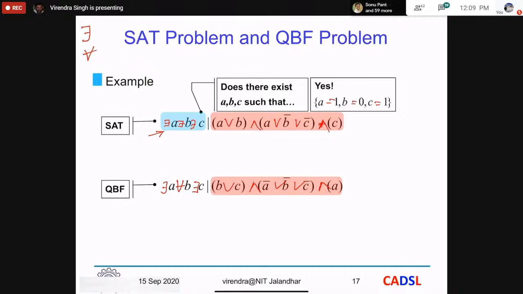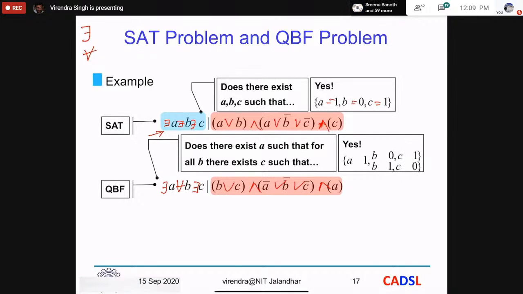So what it says is, does there exist A such that for all the values of B there exists C such that this expression is satisfied? You got this point? It says does there exist some A for which for all the values of B there exists a C, so that this expression is satisfied.